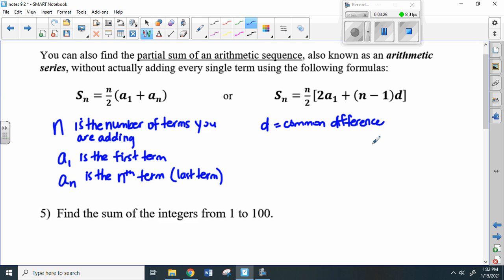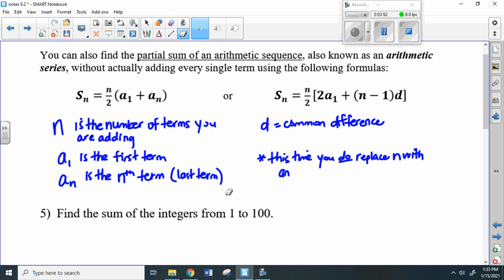Because we're actually finding a sum and not just an equation or a formula, keep in mind that this time you do replace N with a number.